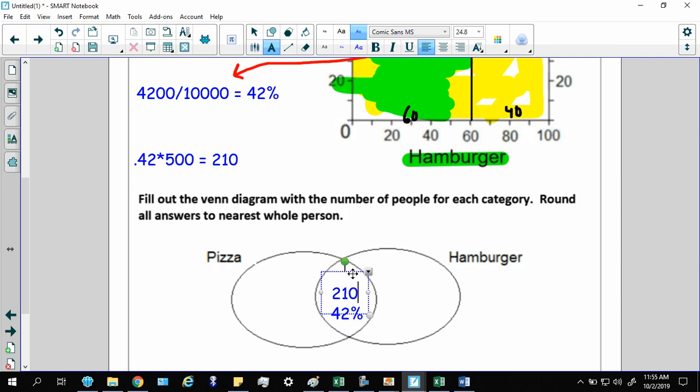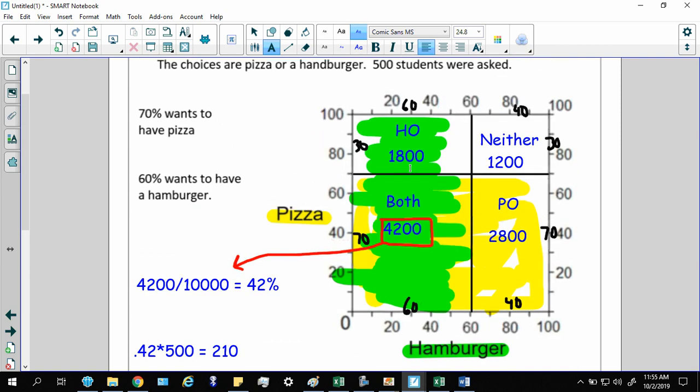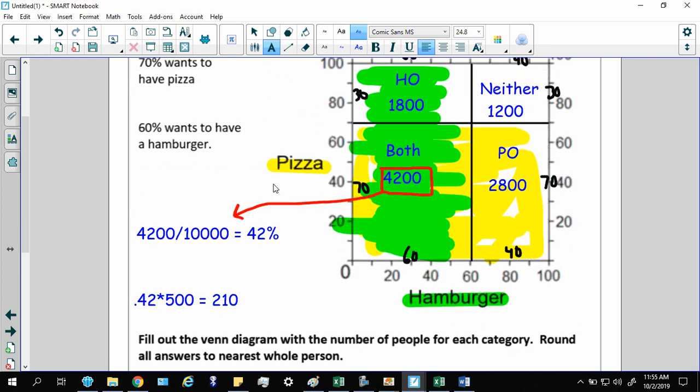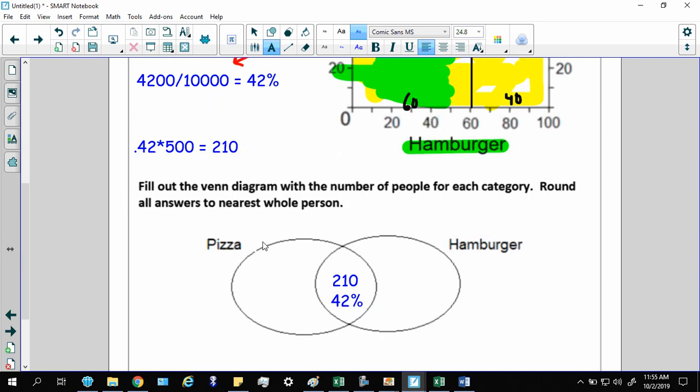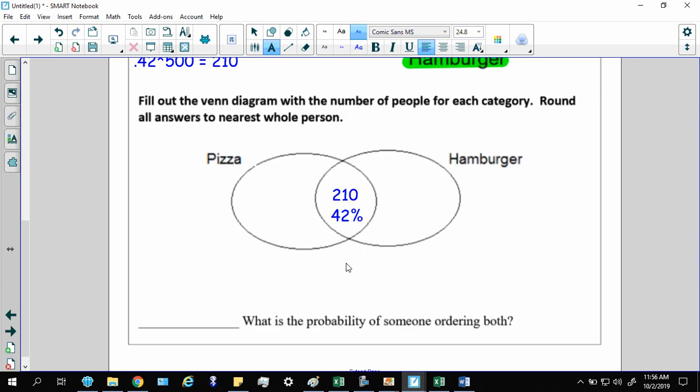Okay. Now let's just do neither. That's an easy one. Neither, that's 1200 right here. So again, off to the side, I'm going to have to convert that to a percentage. I'm going to do 1200 divided by 10,000, which gives me 12%. All right, so what was that? Neither. So neither ends up being 12%.